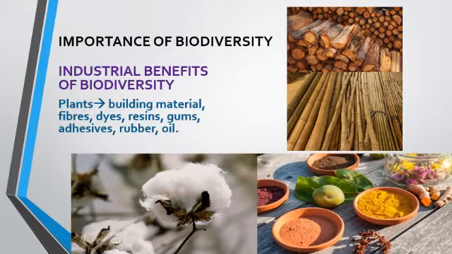Many industrial materials are derived from plants like we get building materials that is wood and bamboo from different trees and bamboo plants respectively. We get fiber from cotton plants and dyes from roots, flowers, and leaves of different plants.